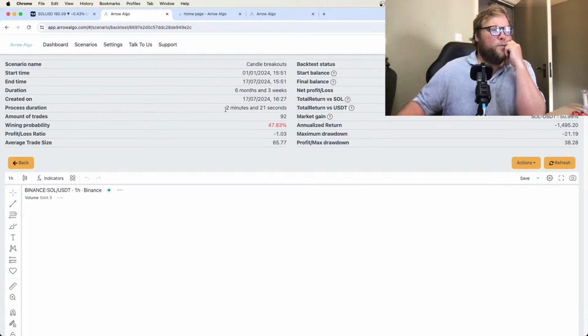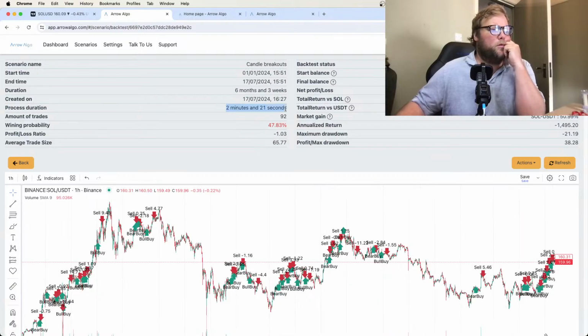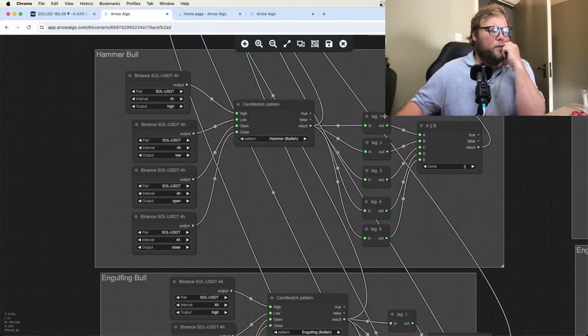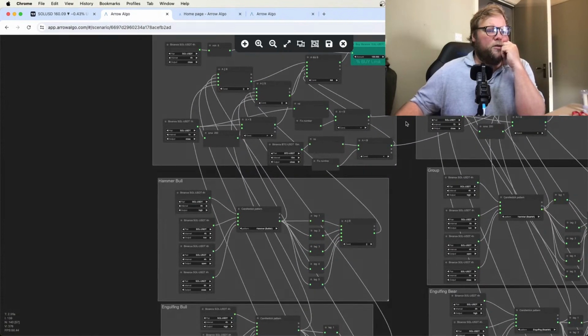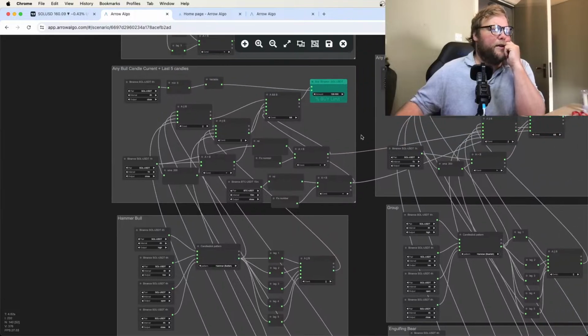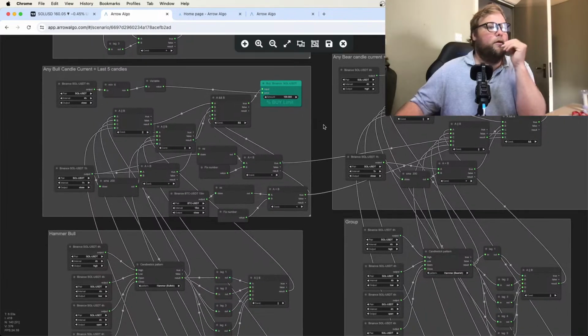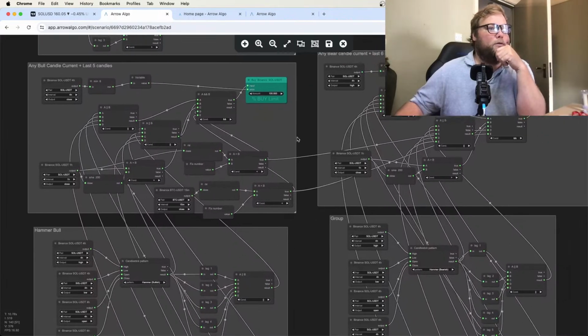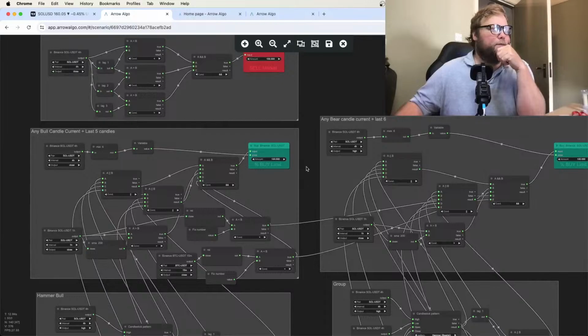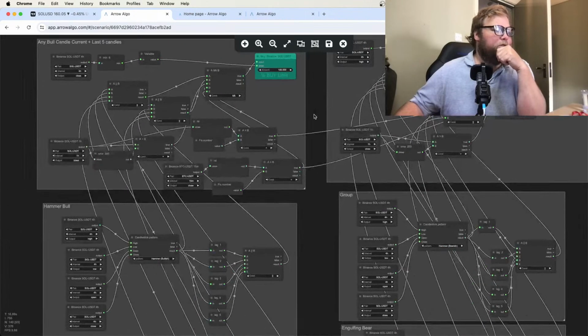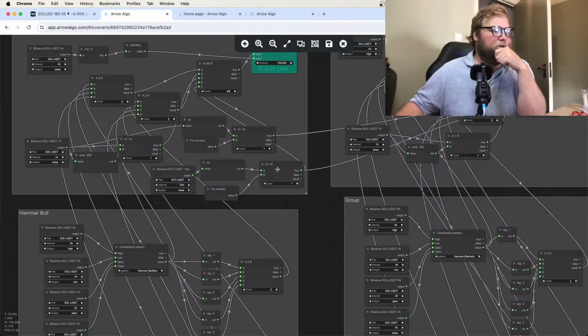You can see as we add in more rules, the time taken for each backtest will increase slightly, depending on the type of rules as well. So we're looking at 15-minute candles here, whereas before it was only 4-hour candles. So we've immediately got a lot more candles that we're processing along with that testing data. So the 15-minute RSI didn't do us much good, so we can actually get rid of these.